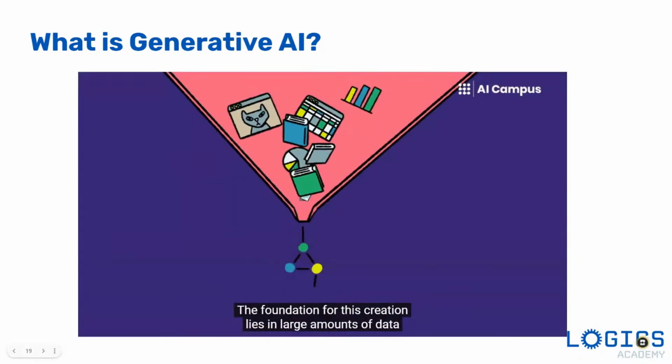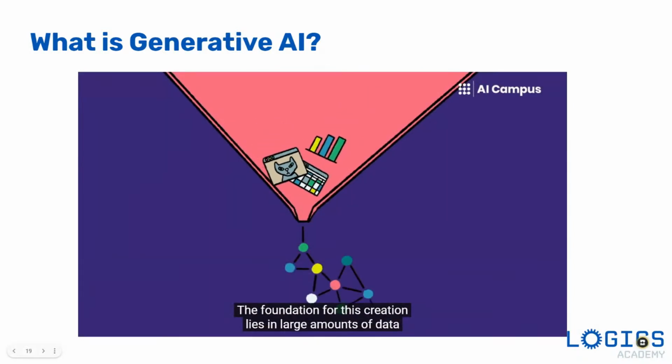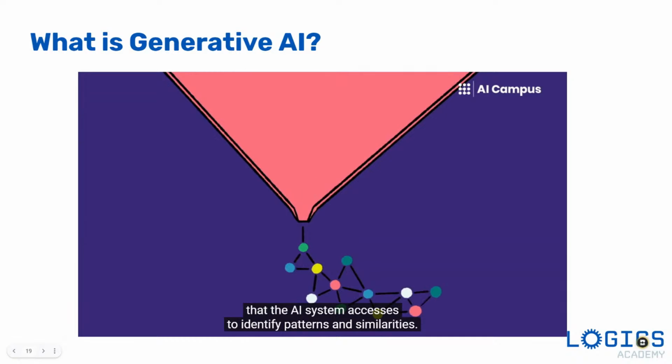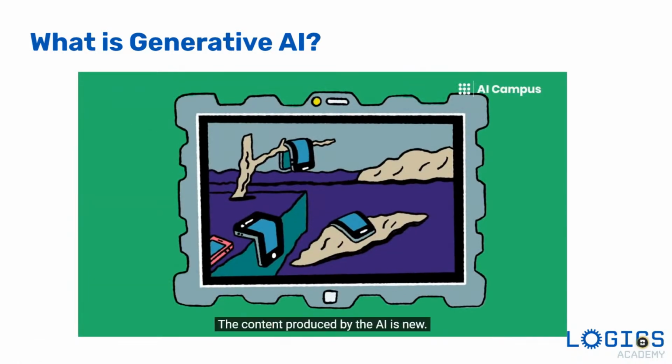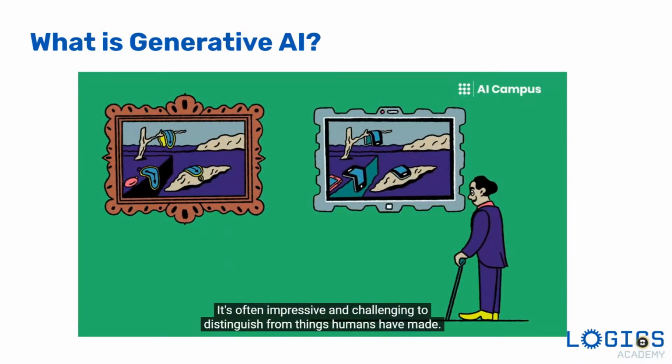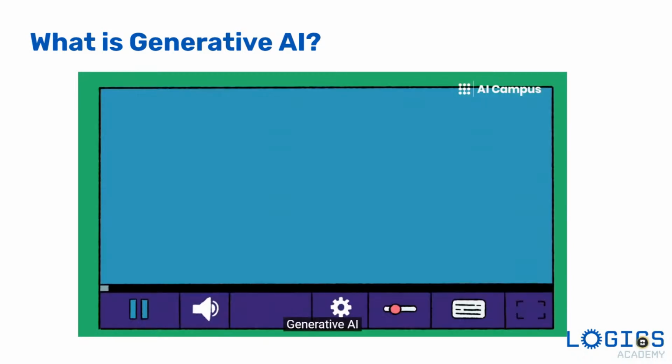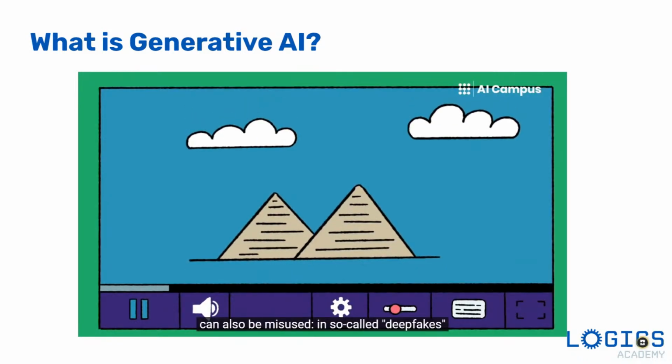The foundation for this creation lies in large amounts of data that the AI system accesses to identify patterns and similarities. The content produced by the AI is new. It's often impressive, and challenging to distinguish from things humans have made. Generative AI can also be misused.